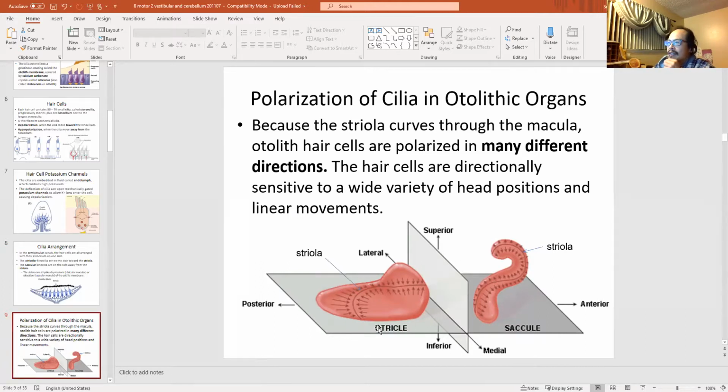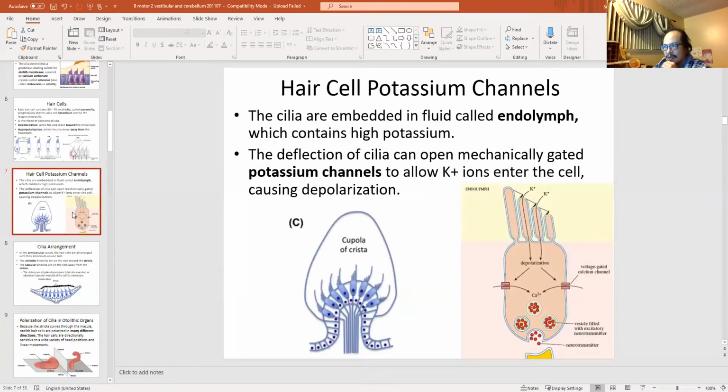We can see that this is the utricle, this is the saccule, and the center part is the striola. For the utricle, all the kinocilia are facing the striola. As for the saccule, all the kinocilia are facing away from the striola. So that's the difference between the otolithic organs and the semicircular canal.